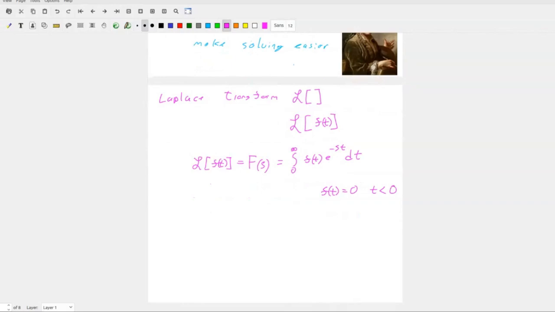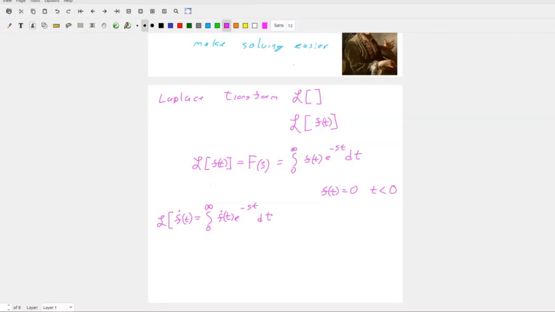So we are going to take the Laplace, let me move it to the left. The Laplace of f of t is equal to our integral from 0 to infinity of f dot of t e to the negative st dt.